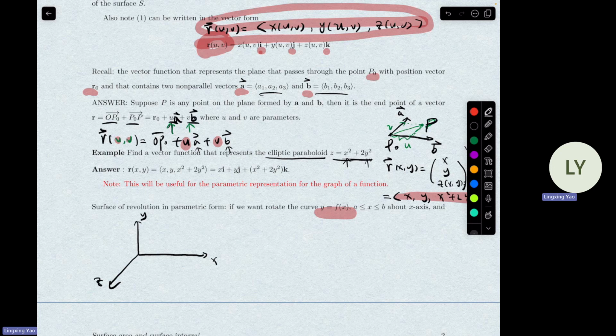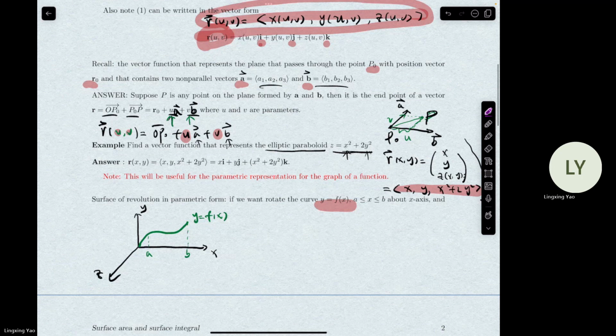So if we have a curve, this is y equals f of x. And what we need to do here is that, well, this is a, this is b. What we need to do here is rotate this curve, y equals f of x, around this x-axis.